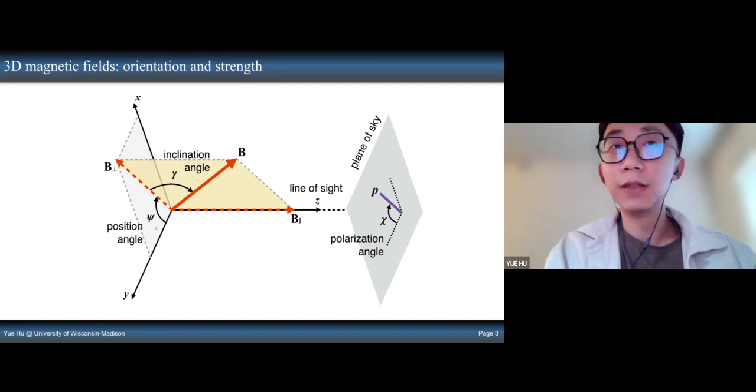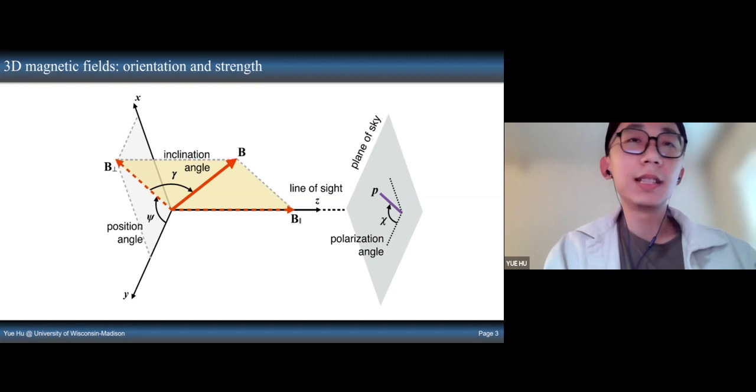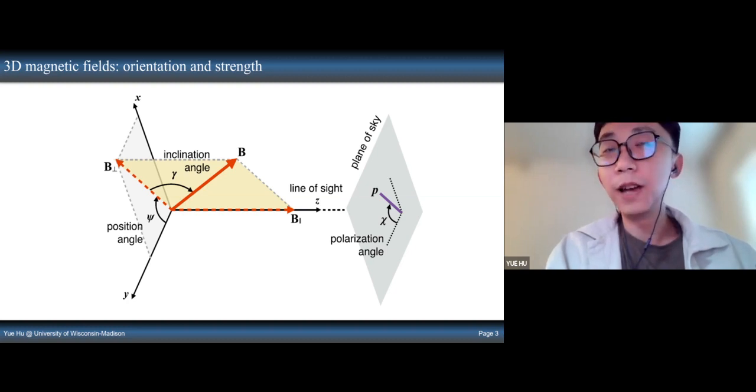But to understand star formation, we also need to know the inclination angle, how the magnetic field is inclined with respect to the plane of sky or the line of sight. That's the three-dimensional orientation. We also need to know the total strength of the magnetic field. In this case, we can know the full effect of the magnetic field. Otherwise, the picture is incomplete.